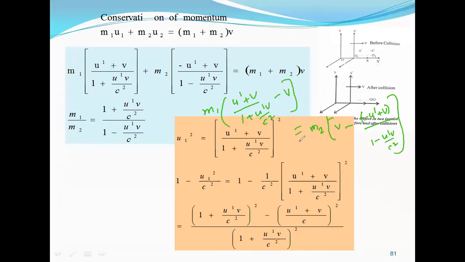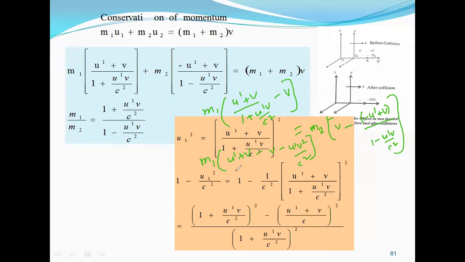Yes, sir. Now you have to take the LCM here. To get this one, I'm going to keep m1 times u1 plus v minus, you have to multiply, v minus u1 v square by c square, over the denominator. Anyway, the denominator will cancel on both sides.